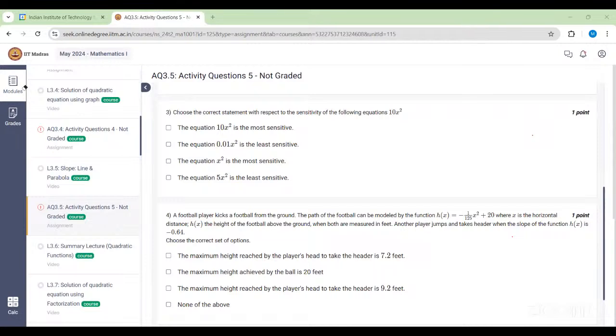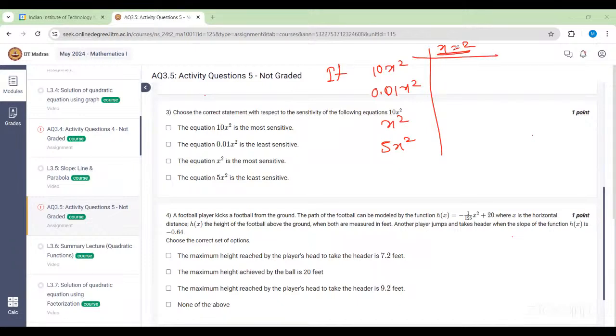So here there are four expressions given to us: 10x square, 0.1x, 0.01x square, x square, and 5x square. If you substitute different values of x in those equations, you will get distinct answers. For example, suppose I substitute x equals 2 in all the equations.